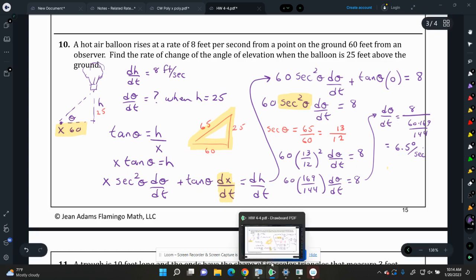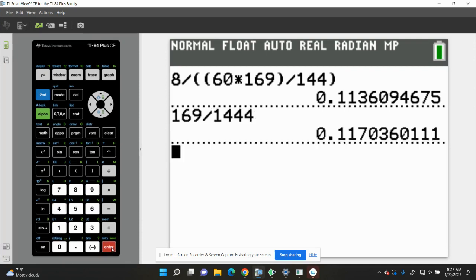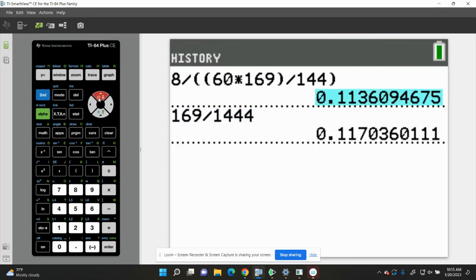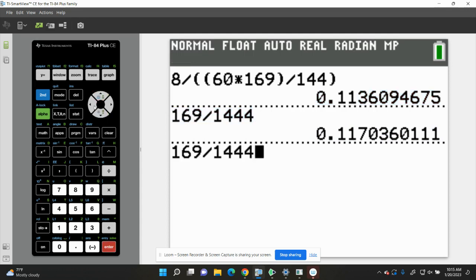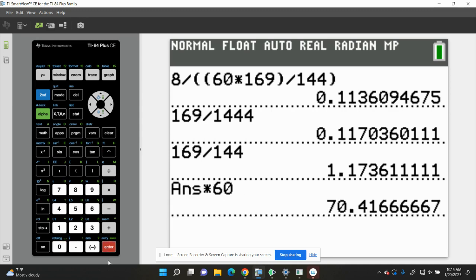Okay, let me do it this way then. 169 divided by 144. You put an extra 4. That's why she got it. Okay, and then we're going to multiply that by 60, and do 8 divided by that.